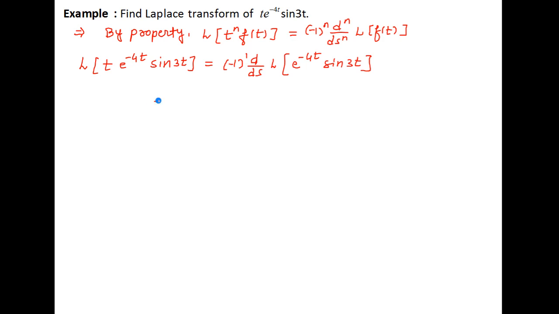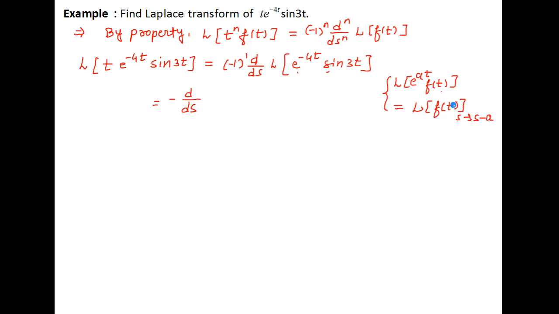Okay, now solving the example, minus d upon ds. Now to take the Laplace of this term, the exponential term is multiplied to the trigonometric term, and we know the property: if an exponential term multiplies any function, then we can write Laplace of this term is equal to Laplace of this f of t, and there we have to replace s by s minus a.